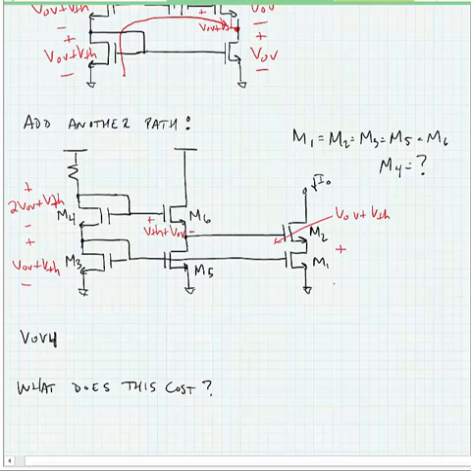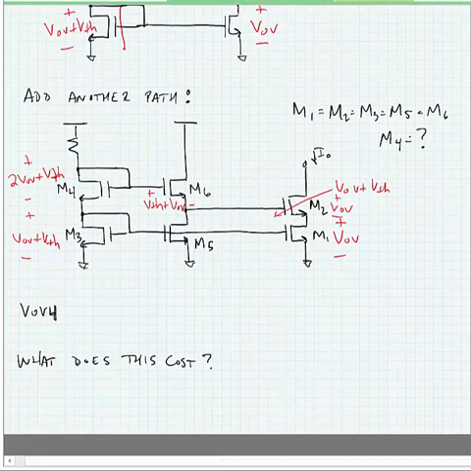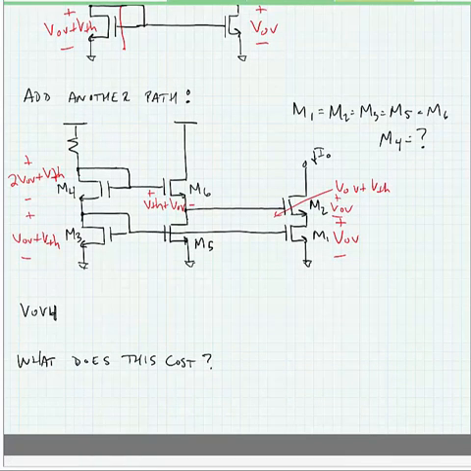And if we do this, we would only need one VOV across each of the output transistors in the cascode. And we would solve the following KVL loop to get to that bottom transistor in the cascode stack.